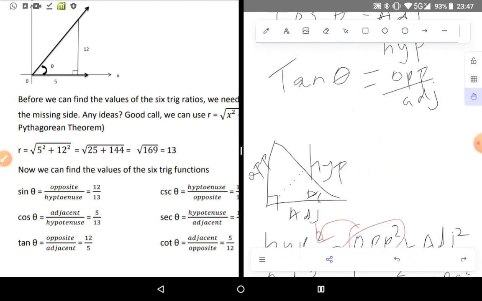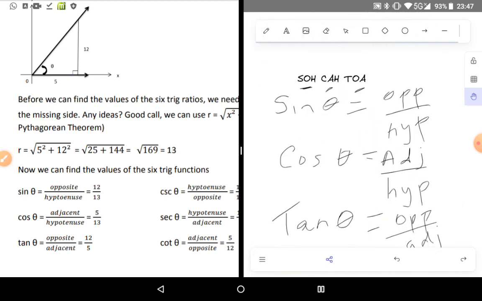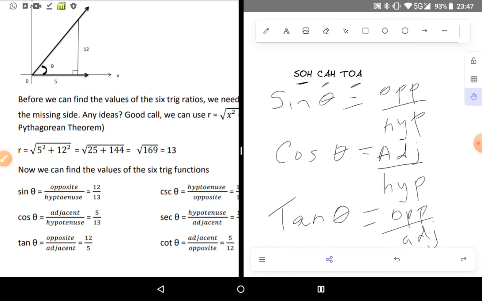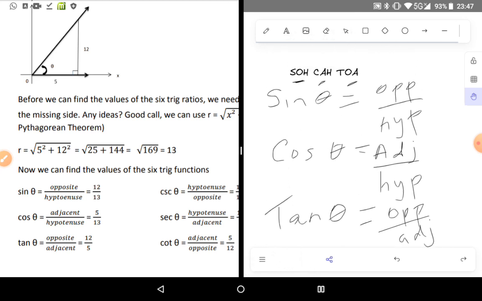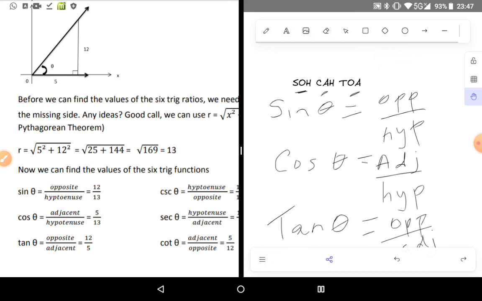That is what we have up here, where sine theta can be gotten by saying opposite over hypotenuse, cos theta can be gotten by saying adjacent over hypotenuse, and tan theta can be gotten by saying opposite over adjacent. So once you remember this SOHCAHTOA, it's just a way of you remembering the formula.